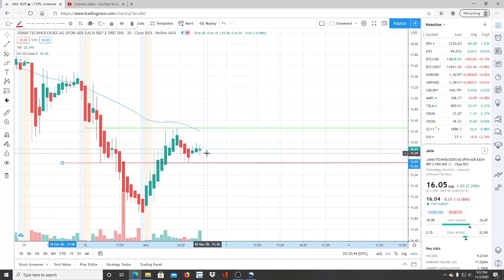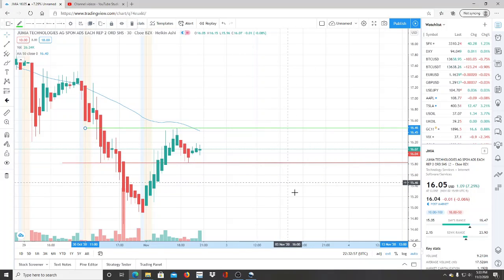Or are the bears dominating the chart and pulling this one down to new lows and new support levels? So our support level is 1584. Again, I want to emphasize, pay close attention to the behavior of the stock. And our resistance is 1646. The bulls need to break through that, turn it into a support so they can start to pull away and hit newer highs and new resistance levels.